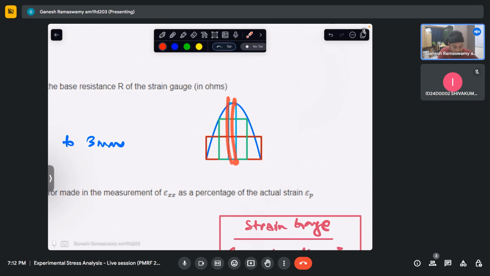And the narrower I have it, that is the lesser my gauge length, I'll have more chances of actually capturing the peak strain that is appearing. But the lesser the gauge length, the more problematic it would be for installation. So there has to be a trade-off between the accuracy that we expect and how much effort it requires to paste.